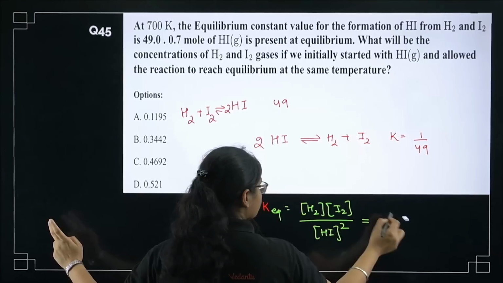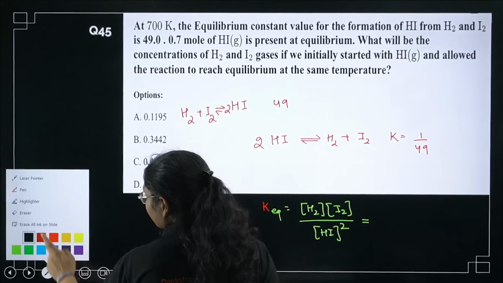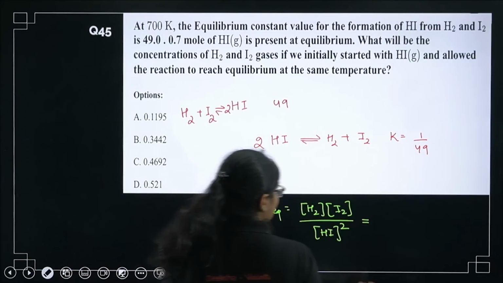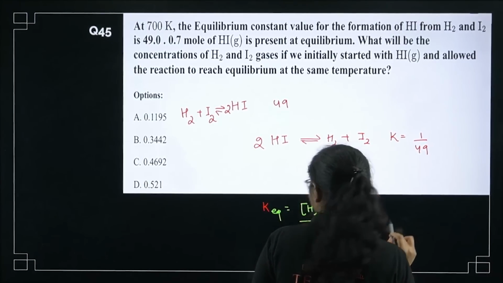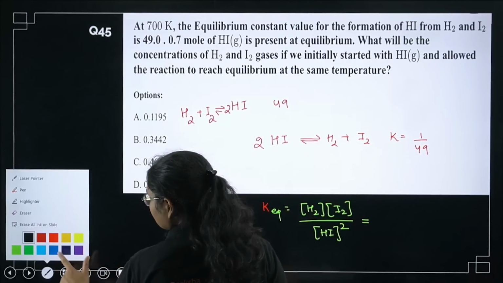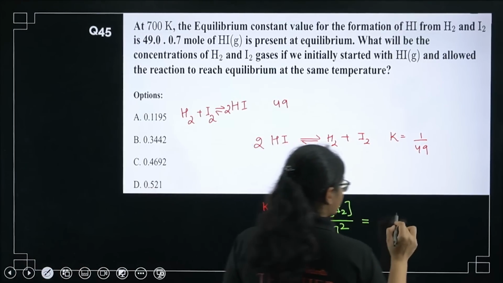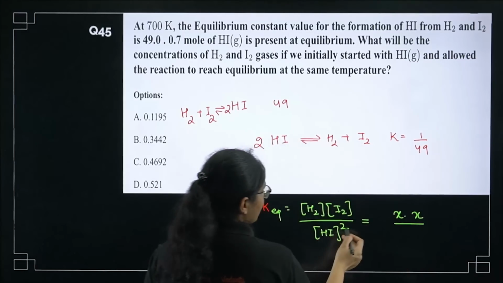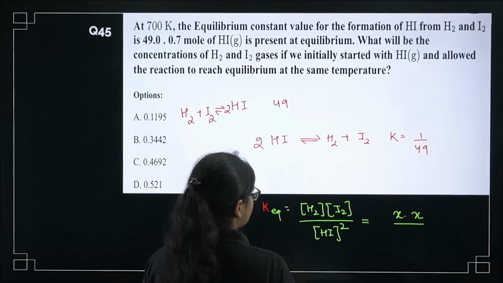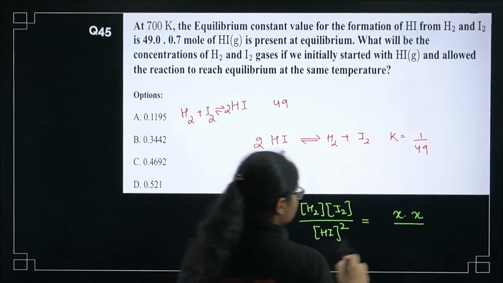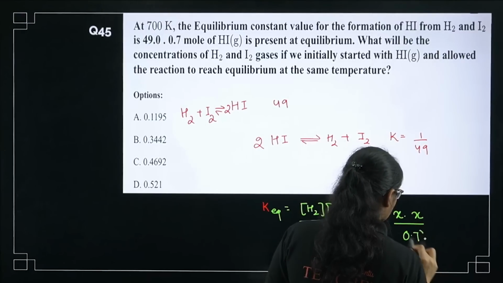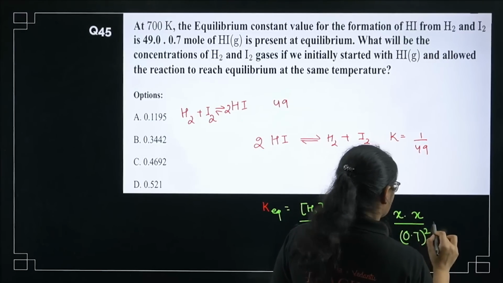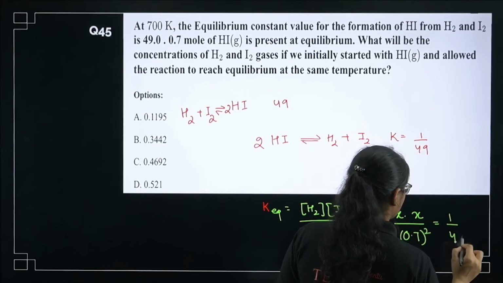So let this be cancelled. I have here X and this value is X, and then HI square. HI square is how much? That is 0.7 squared. This is equal to 1 by 49.